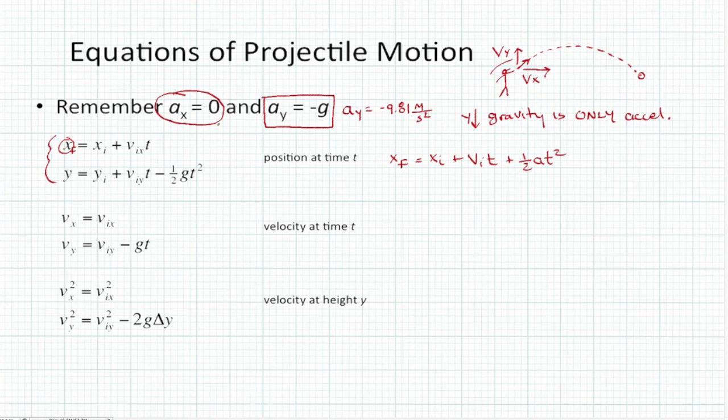If there is no acceleration in the x direction, the acceleration term becomes 0 and goes away, which is where we get our first equation right here. Our final x position is our initial x position plus initial velocity in the x direction, that's what that little subscript means, times time. That's what we have right here.